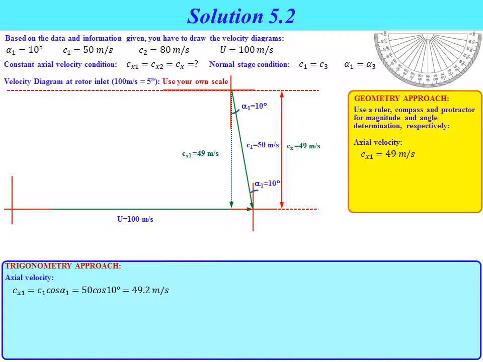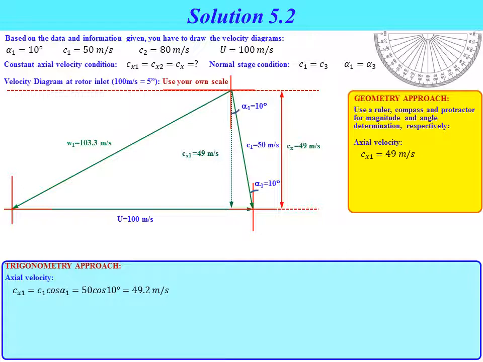Next, for the relative vector, we complete the velocity triangle at the inlet of the rotor. We connect the initial point of the c1 vector and the initial point of the u vector, so we get the vector for w1, and measure the line.